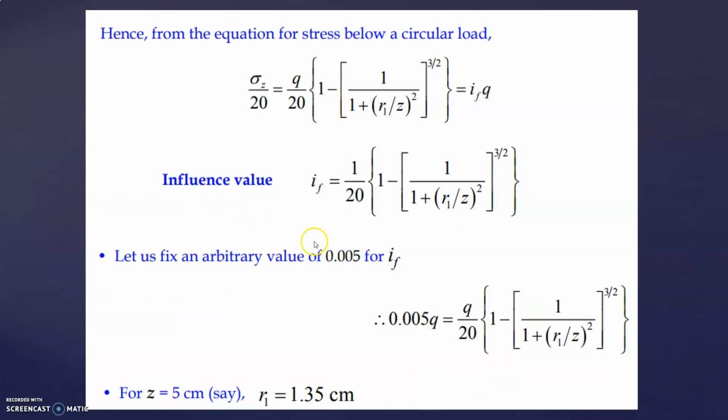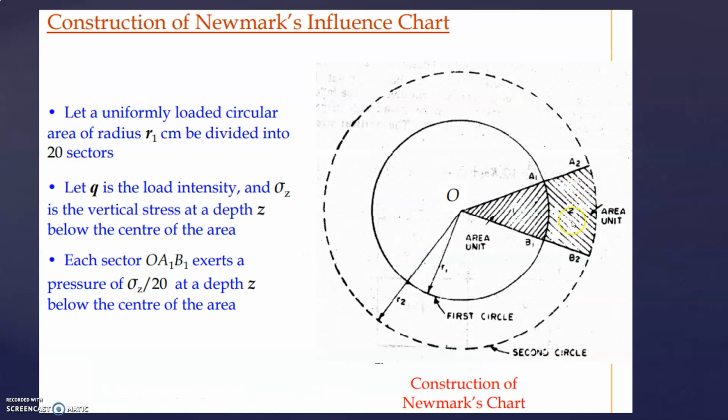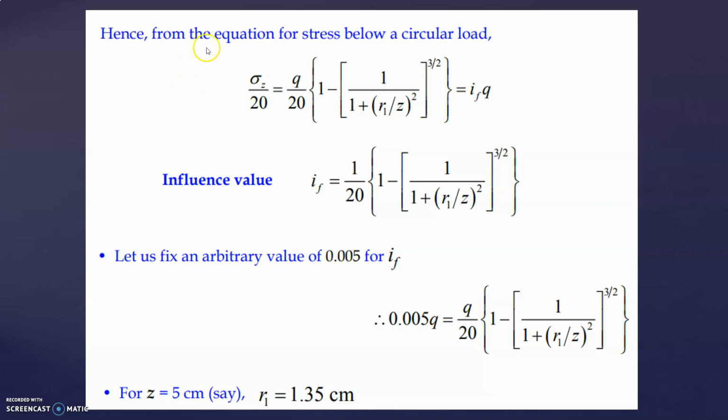Similarly the next sector is also sigma Z divided by 20. Hence, from the Boussinesq equation for stress below a circular load, sigma Z divided by 20 is equal to Q divided by 20 into this equation.